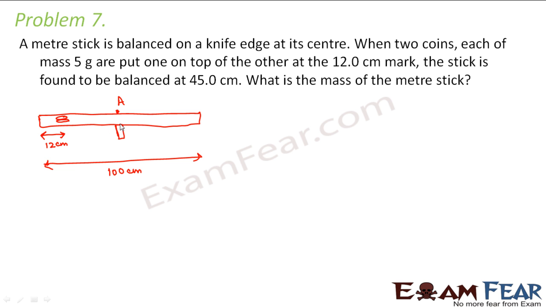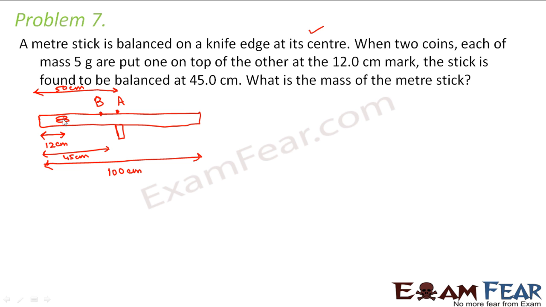Now this point A is the midpoint, so 45 centimeters means some point B. When no coins were placed, it is balanced at the point A, that is at its center, so the distance up to A is 50 centimeters.